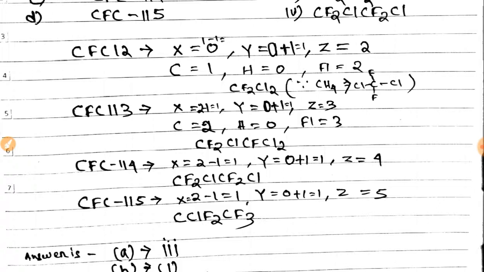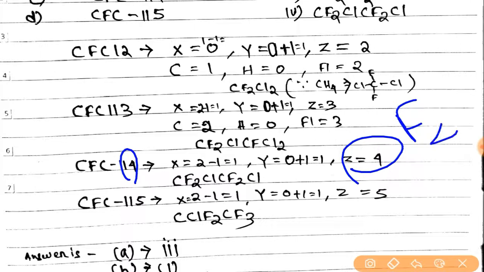Then CFC 114. Here, 114 means 2 minus 1 is equal to 1, that's why the carbon number is equal to 2. Then hydrogen is given as 1, so it is 0 plus 1, so the hydrogen number is 0, and Z is equal to 4, which means the fluorine number is 4.